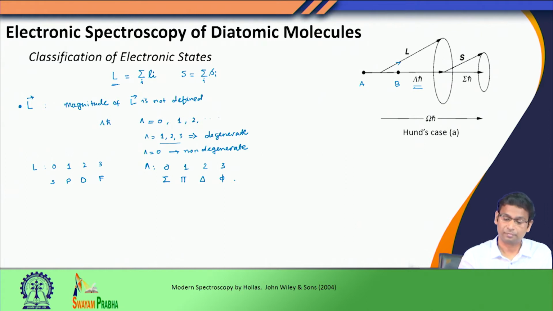So, for diatomic molecules, we would use sigma, pi to define the electronic states. If you remember, we used S, P, D, F, singlet S, triplet P, singlet D, like this for the atomic electronic states. So, this is about the L.